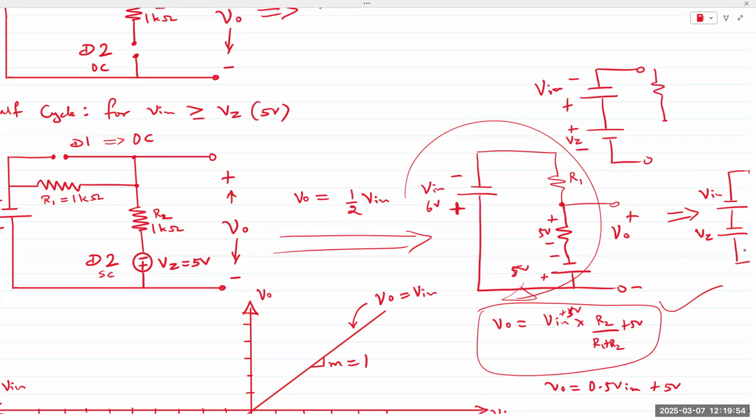And so now if I apply this to R1 and R2, the voltage across these two resistors would be V in minus VZ. The actual magnitude of the voltage does not change, it remains exactly the same.